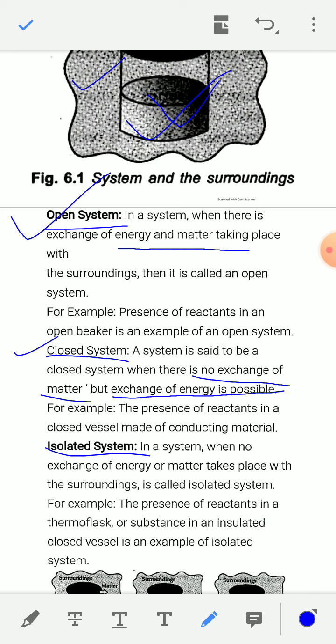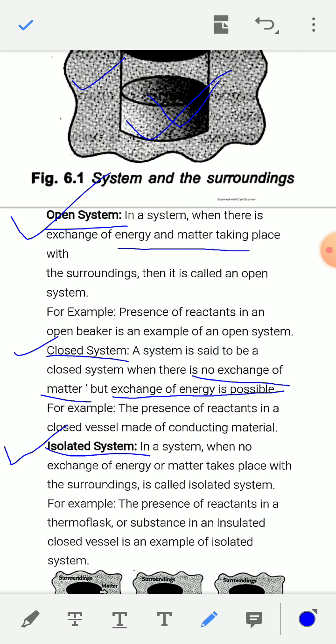For example, the presence of reactants in a closed vessel. As the vessel is closed, there is no exchange of mass with the surroundings, but there is an exchange of energy, heat, with the surroundings.